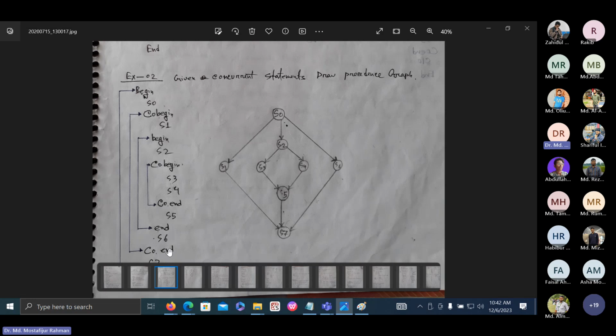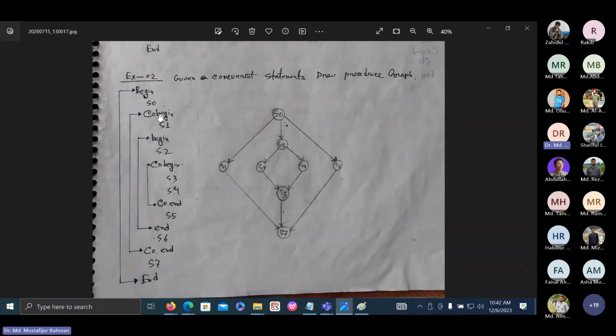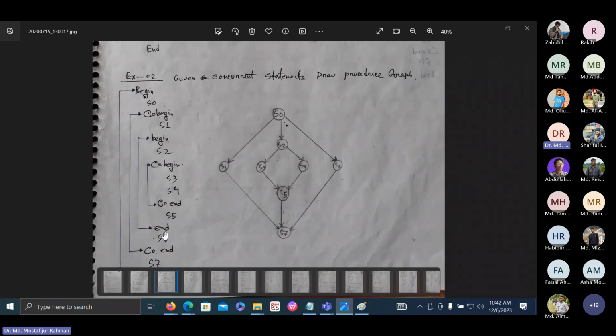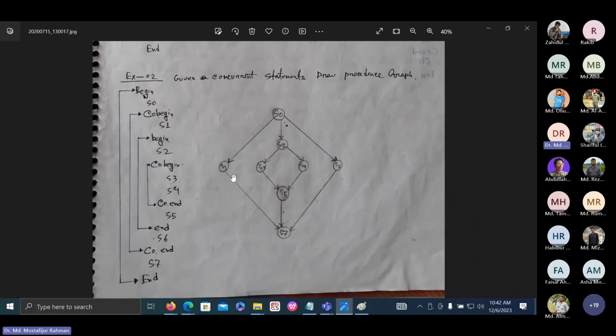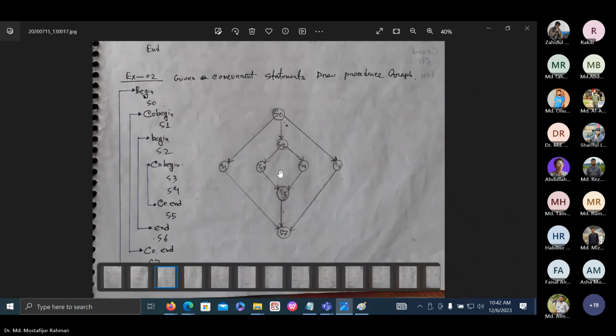Co-end finishes here. That means S1, S2, and S6. You can see S1, S2, and S6. These three are in parallel.